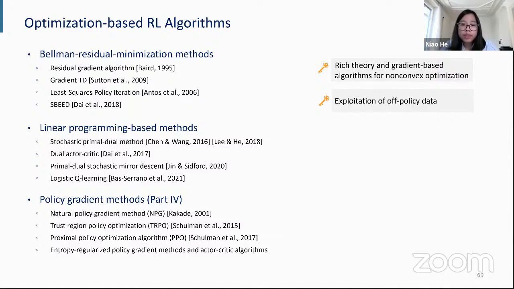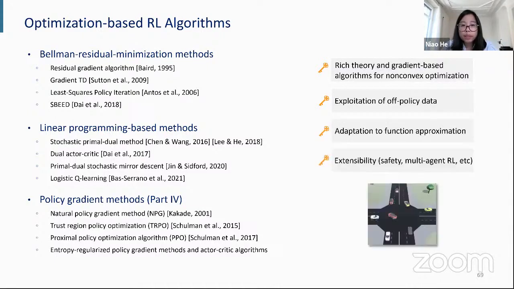Also, it is much easier for us to exploit off-policy data. Unlike Q learning and TD learning algorithms, which might potentially diverge with off-policy data, with these optimization-based approaches it is much easier to integrate off-policy data, and that's what Bo will talk about more extensively this afternoon. And it's much easier to adapt to function approximation.